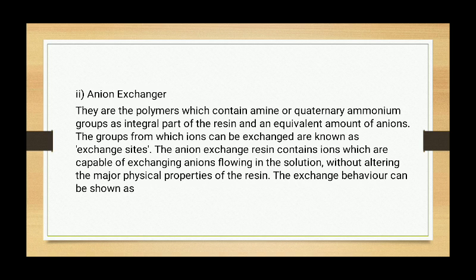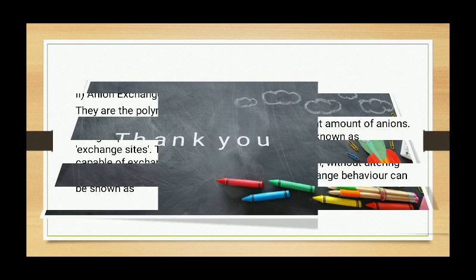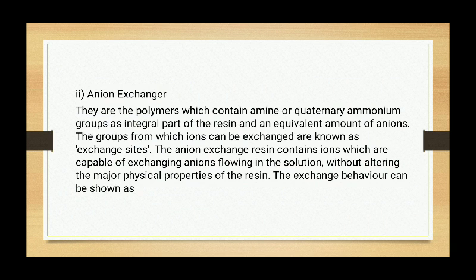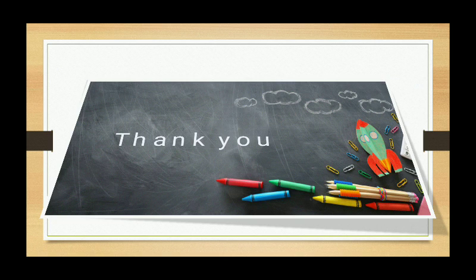The anion exchange resin contains ions which are capable of exchanging anions flowing in the solution without altering the major physical properties of the resin. The exchange behavior can be shown in the next PPT, next presentation.